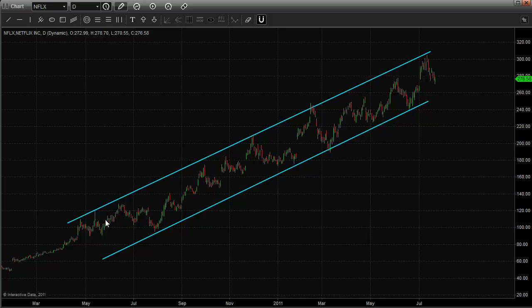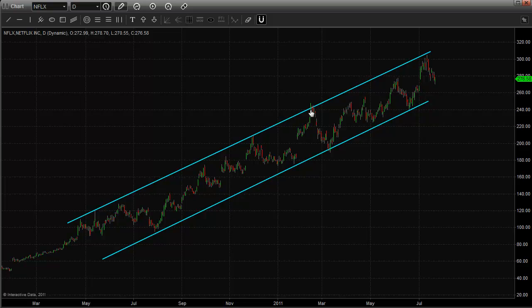And how you can use these channels effectively is by drawing these channels, the upper and lower range of the trend. And so you can enter your long positions down along this bottom trend line with your target being the upper trend line. Some people actually trade back and forth, longs down here and shorts up here, but the higher probability trades are trading with the trend.